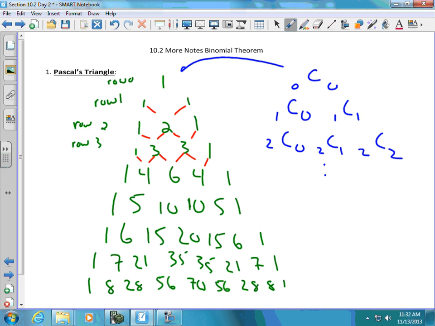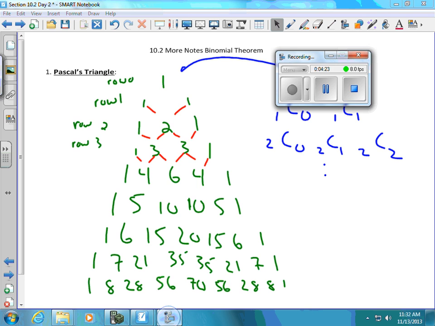Now, we don't really use the combinations, but that's how you can develop each of your rows. If you wanted to do row 25, you start with 25C0, 25C1, 25C2, etc., and put those in your calculator, and you can get whatever row you want without having to actually make the triangle.